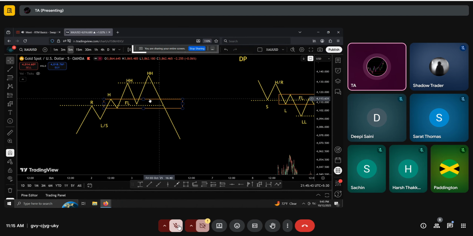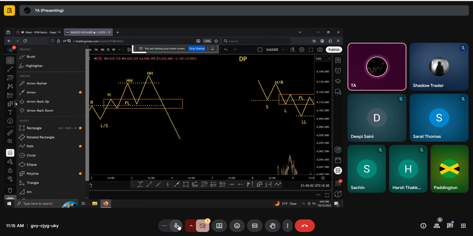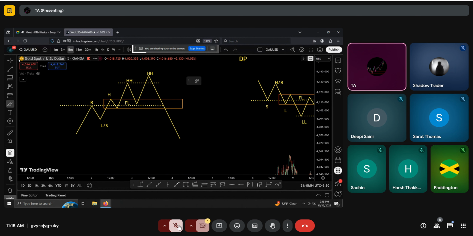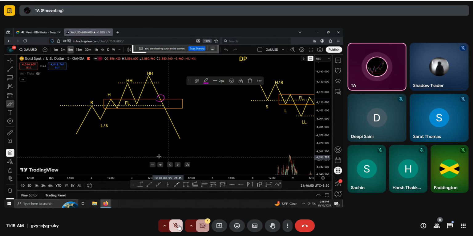So what you will do, remember this level, the upper level of the box, right? Focus on this point, right? So what you have to do, you need to go to a lower time frame and find that pullback or kink here, right?